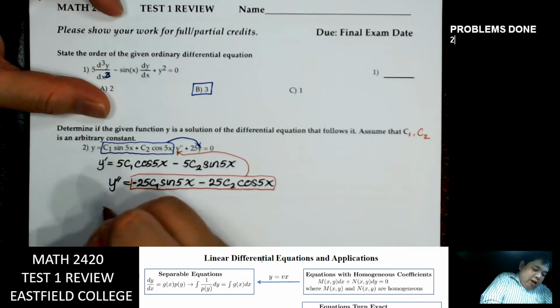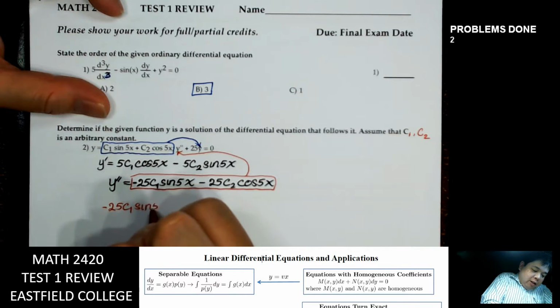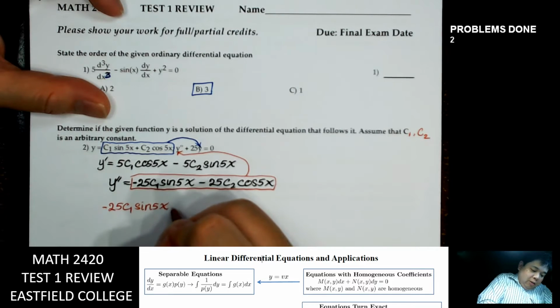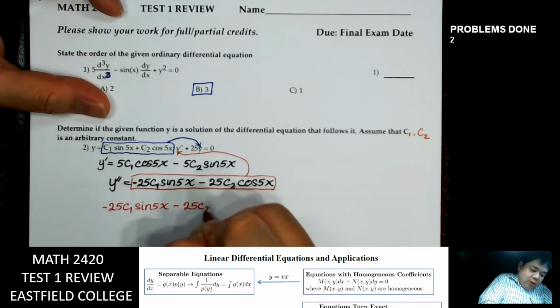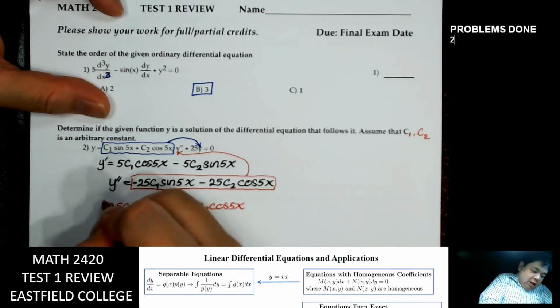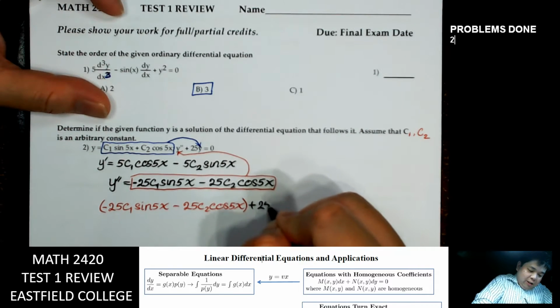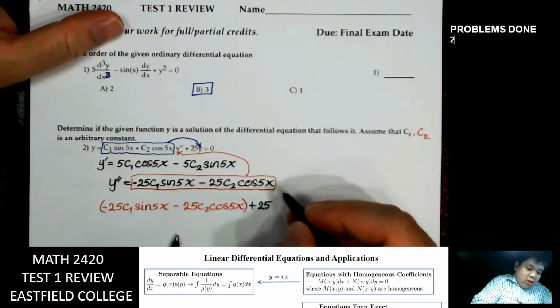So we have negative 25 C1 sine of 5x minus 25 C2 cosine of 5x. So that is the second derivative. The original function is that.